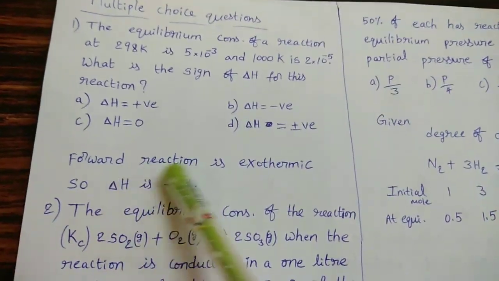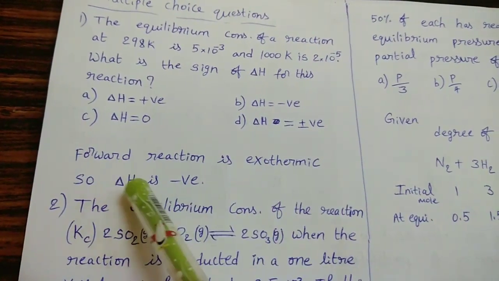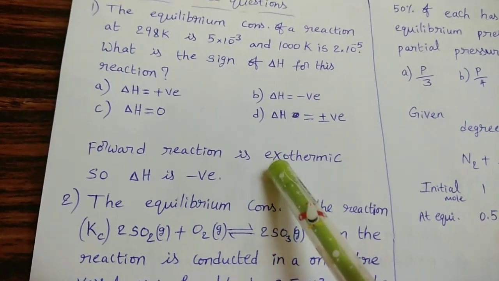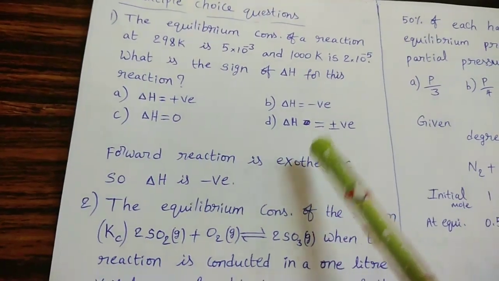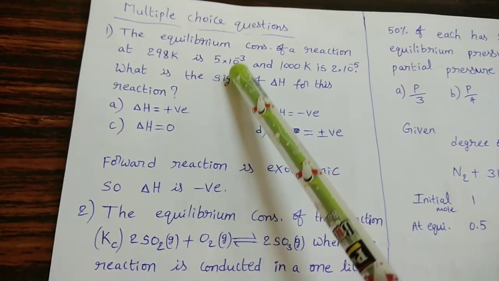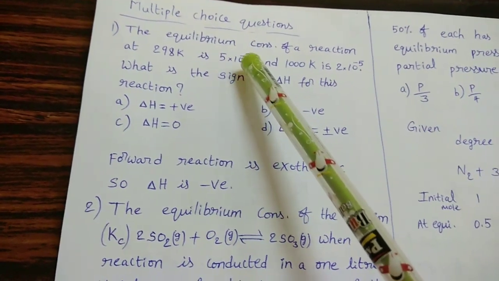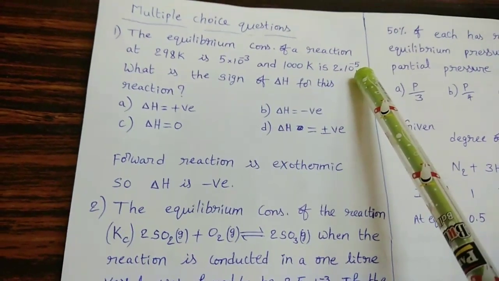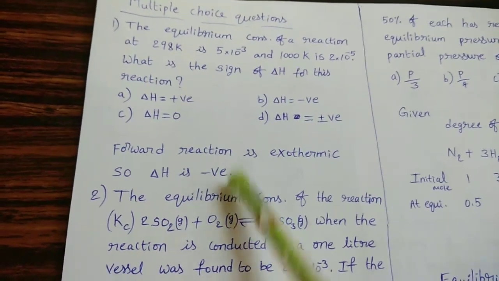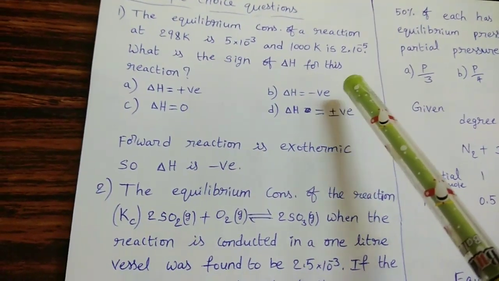Negative. Forward reaction is exothermic, so delta H is negative. For exothermic reactions, low temperature is favorable. If we increase the temperature, that reaction occurs slowly. So it is revealed by comparing the equilibrium constant values in this question. So forward reaction is exothermic, delta H is negative. Option B is the answer.